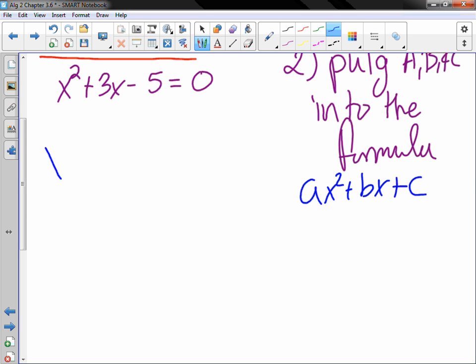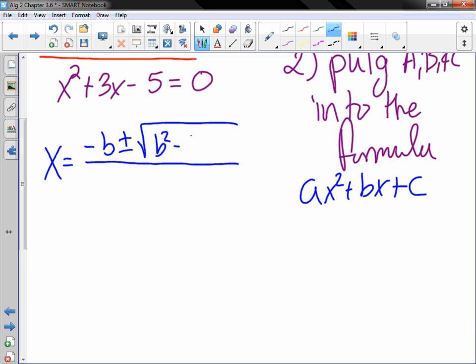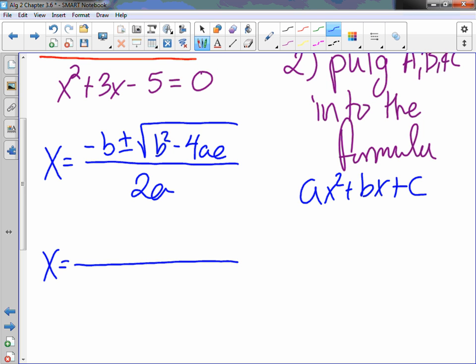The formula we're plugging it into is the quadratic formula, negative b, plus or minus the square root of b squared minus 4ac all over 2a. And in this we're plugging in the values of a, b, and c.